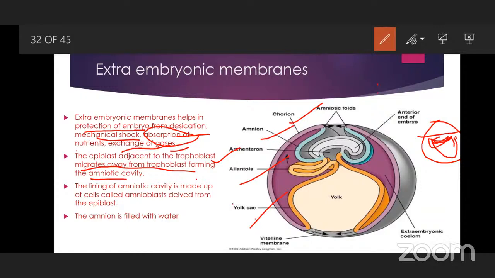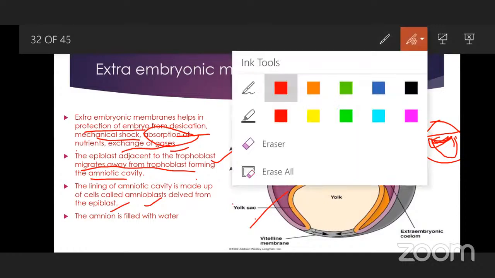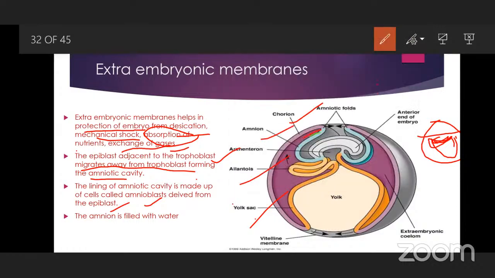These amnioblast cells are derived from the epiblast cells.